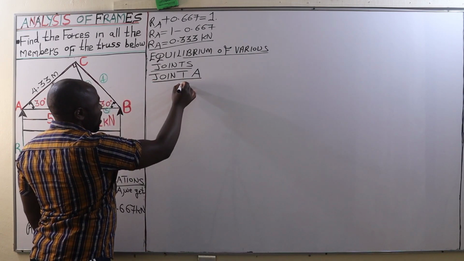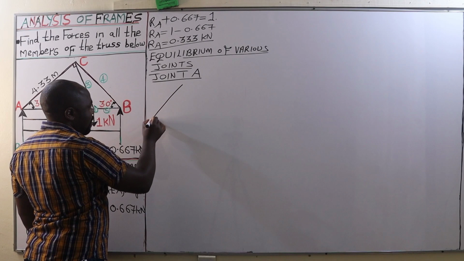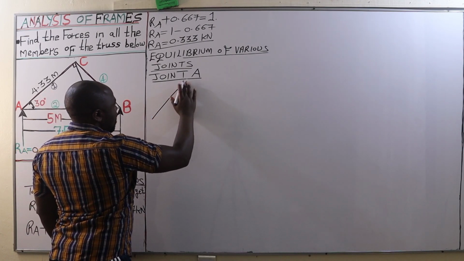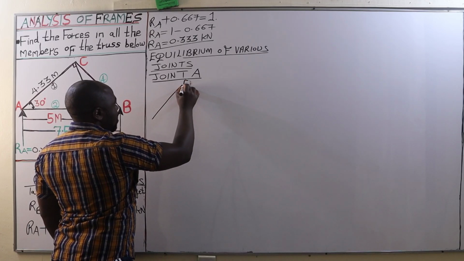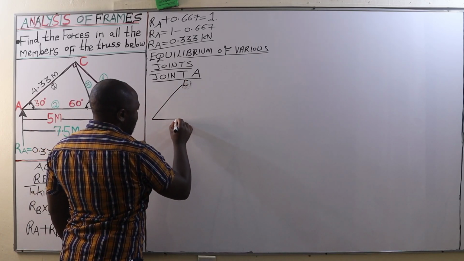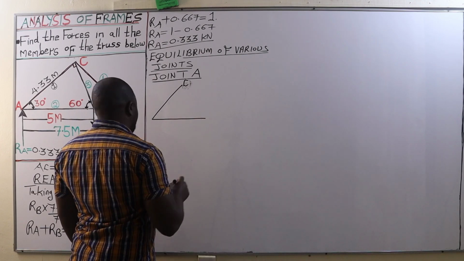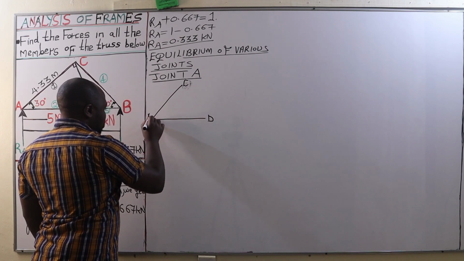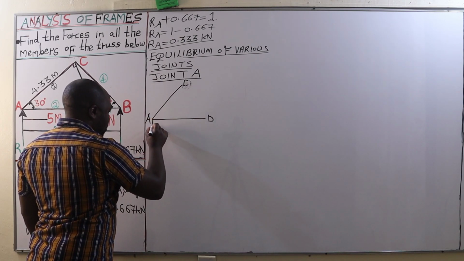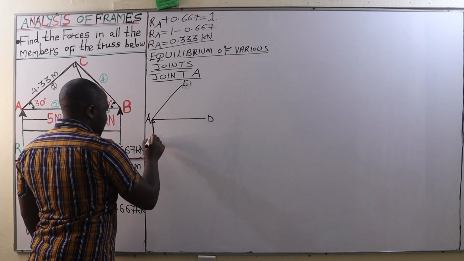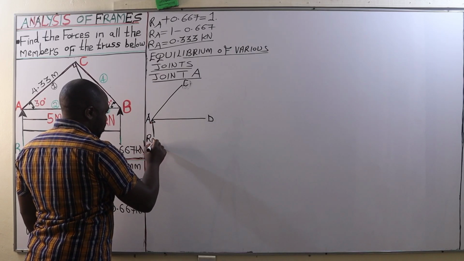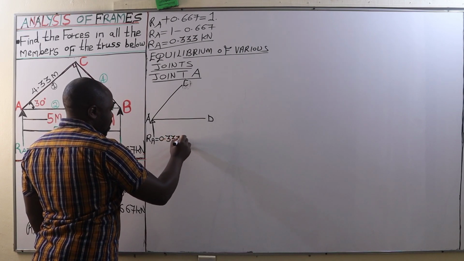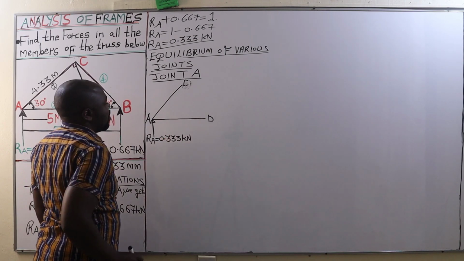Now, plotting joint A here, we are going to have the joint. This is joint C, and then we have joint D there. Then this is joint A. At joint A, we have a support whose reaction is 0.333 kilonewtons.